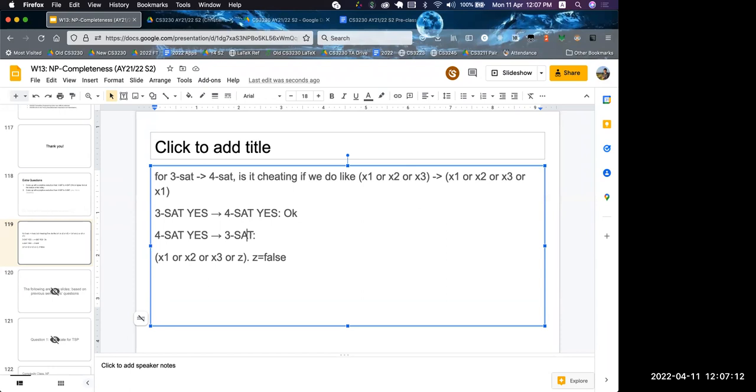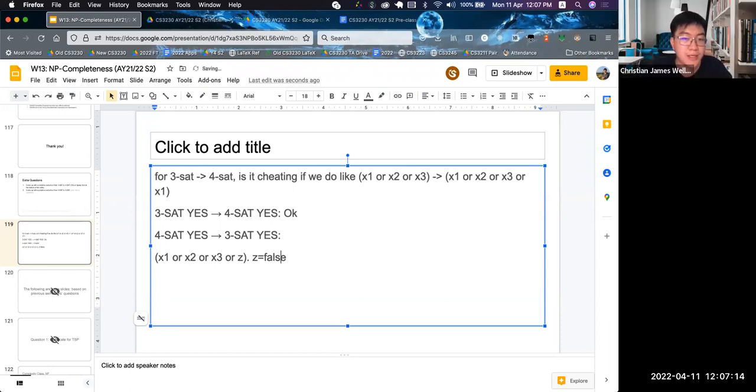So okay, let's carefully make the distinction of what's going on. For your first case, you don't have control over the last one, but take note the last one is identical to x1. So in the for set yes to the tree set yes direction, the for set instance, let's say it's a yes instance.